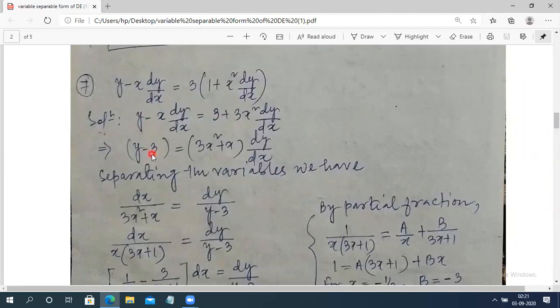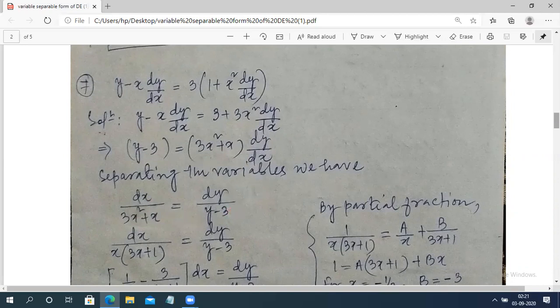Now this y minus 3 and dy terms you write together, and write 3x square plus x along with dx in the left hand side. So we'll have this expression.